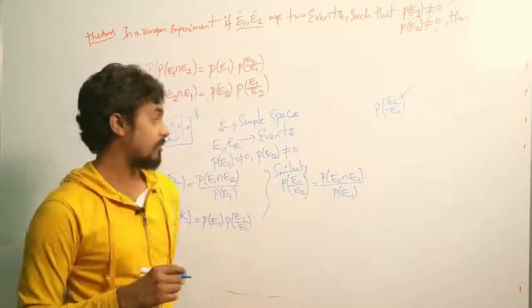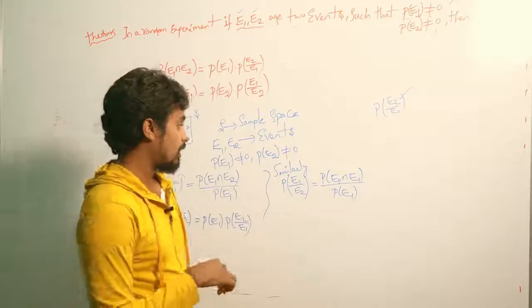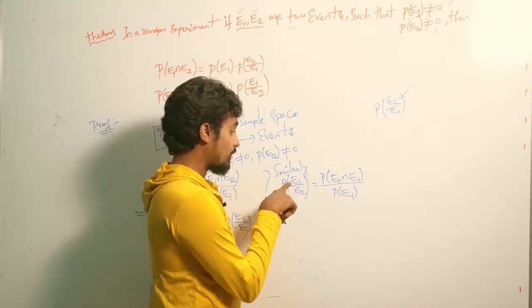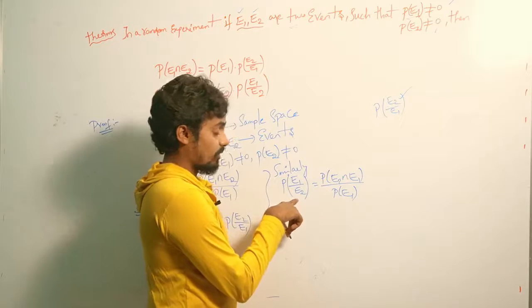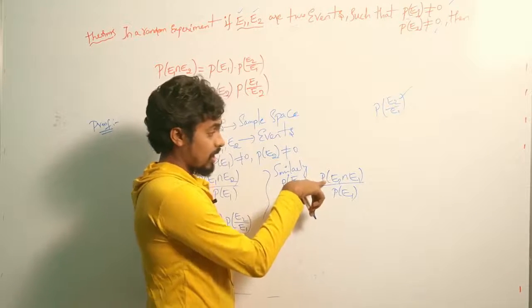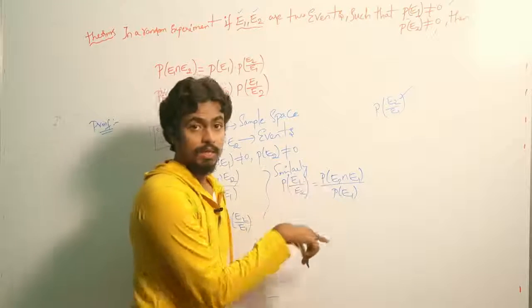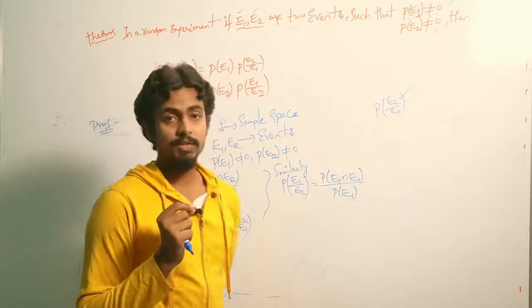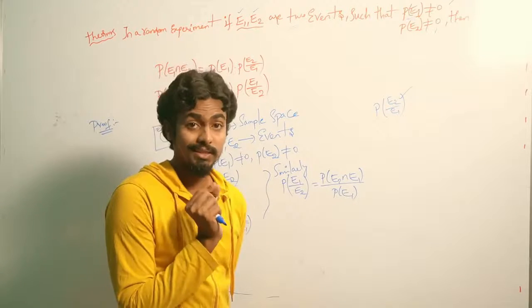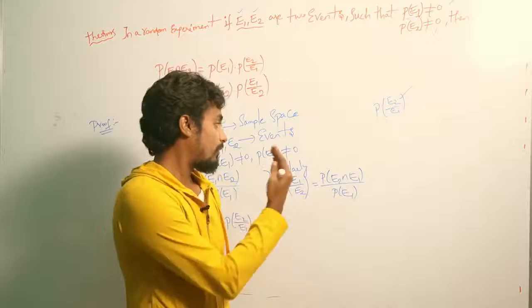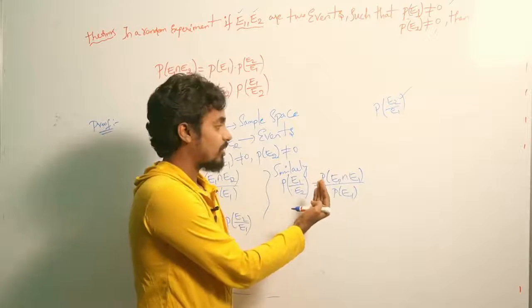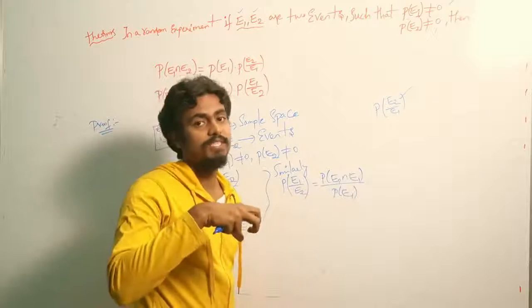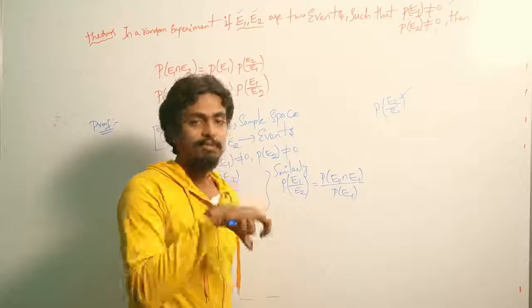Some of you may have a doubt: why can't we write P of E1 intersection E2, but instead write P of E2 intersection E1? If you take independent events, they do not affect each other. We have to interchange the variables present in the events.